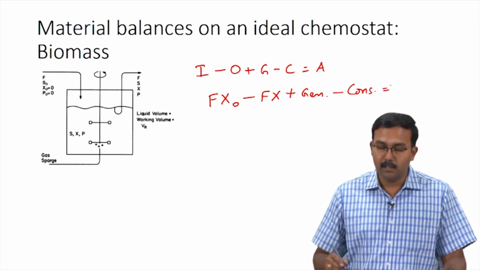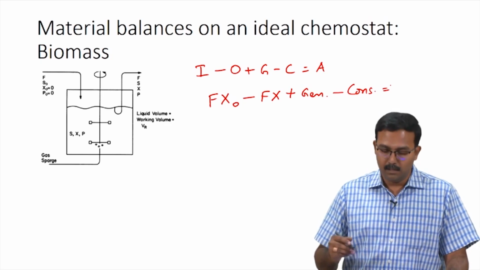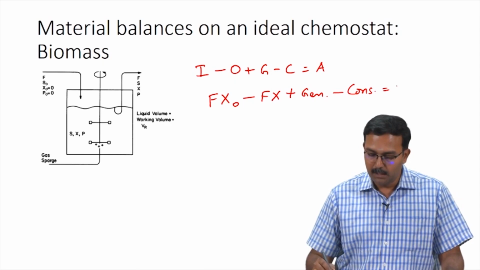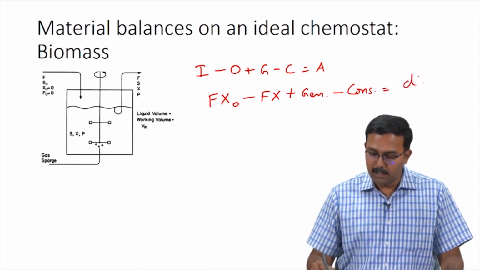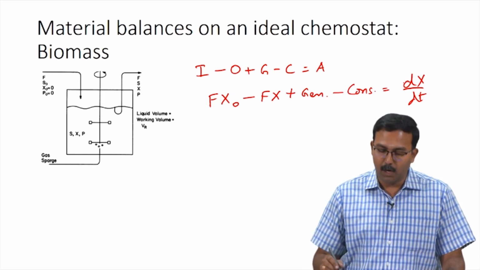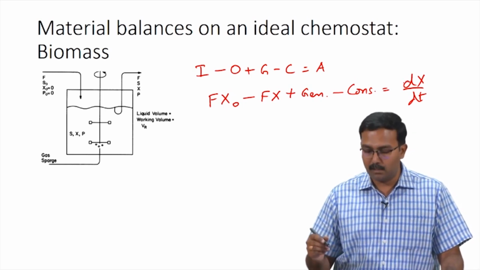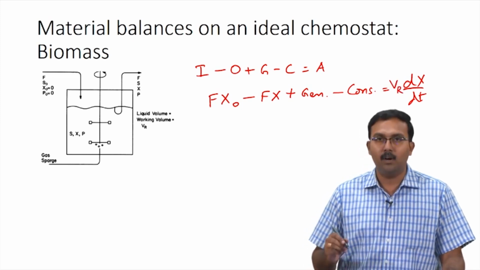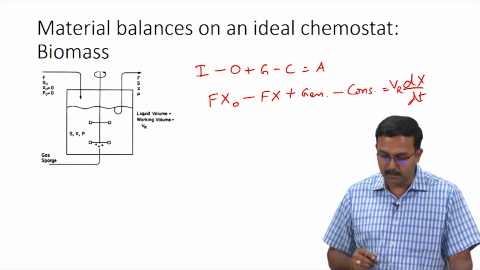Accumulation would be the change in biomass concentration within the system with respect to time, that is dx/dt, and because we want it in terms of change in total biomass with respect to time, we will multiply this with VR, the working volume of the reactor.